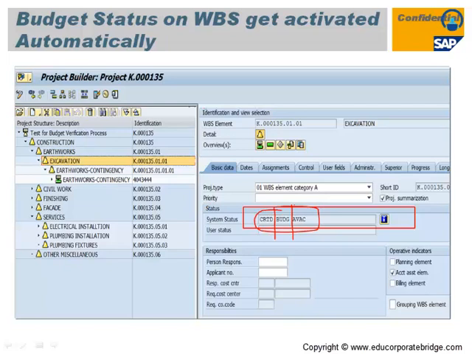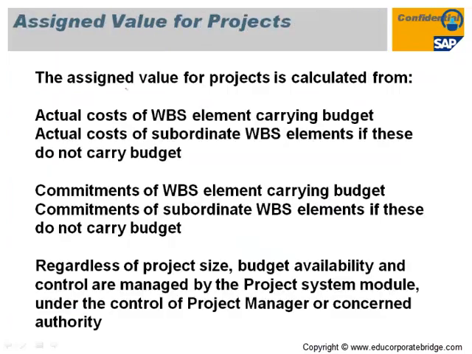This can be seen through CJ20N. So the system will not allow you to incur the assigned values beyond the budget. That can be set by the tolerance limit. So the actual cost on the WBS element along with the commitment on the WBS element is called the assigned value.